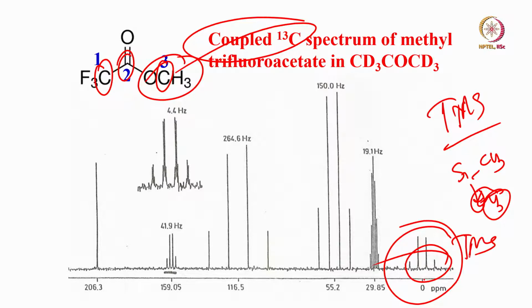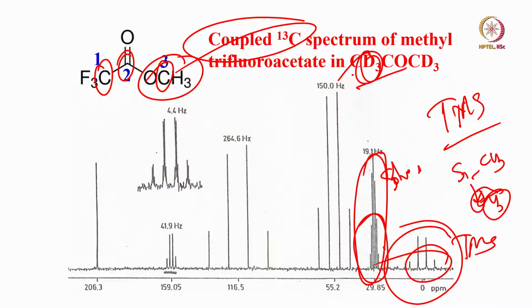Then this multiplicity pattern is coming because of coupling with deuterium. This is a solvent peak. This is the solvent carbon of the solvent CD3COCD3, which is coupling to deuterium D3, and it need not be 100% D3, it could be CD2H, CDH2, various combinations will be there, different isotopomers. As a consequence you get a complex pattern here. This is from the solvent, that also we understood.